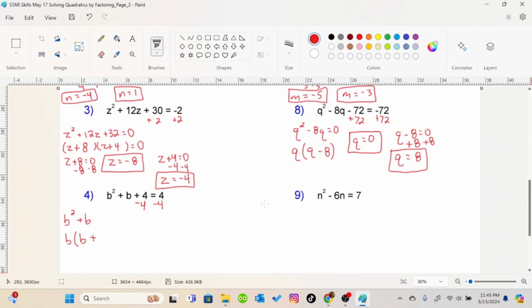B divided by b is 1. First, we're going to set b equal to 0, and that gives us our first answer. Then we're going to set b plus 1 equal to 0. We subtract 1 from both sides, and b equals negative 1.